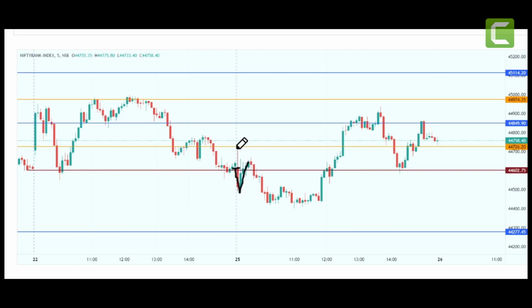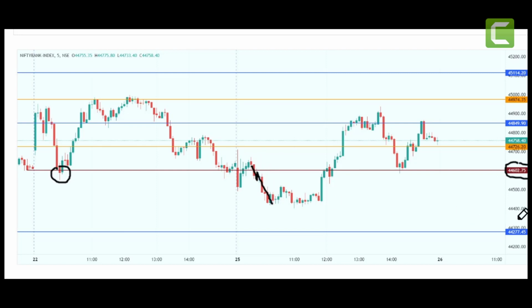I clearly said in that video that we will think about buying only if the range accepts above the range. If something closes above the range, then only we go for long positions, as we discussed. And I clearly said that if it crosses this particular brown color level, then we can directly go for short. And you can see we got a retracement and short.